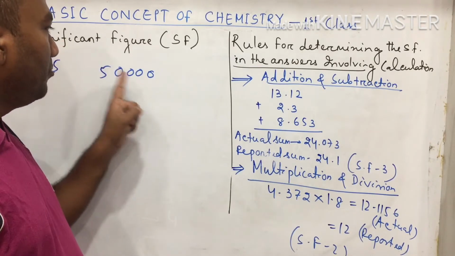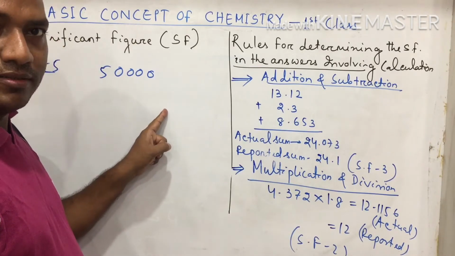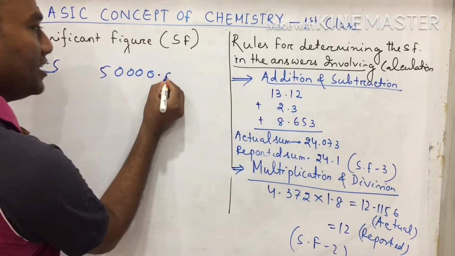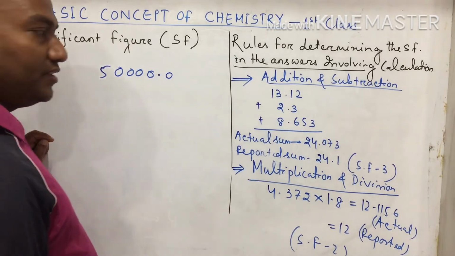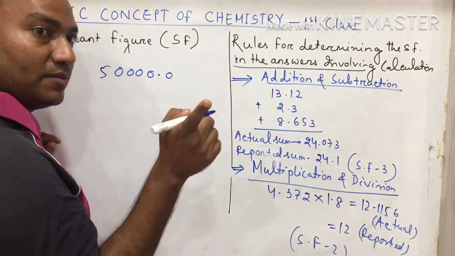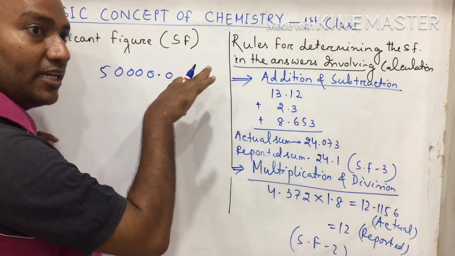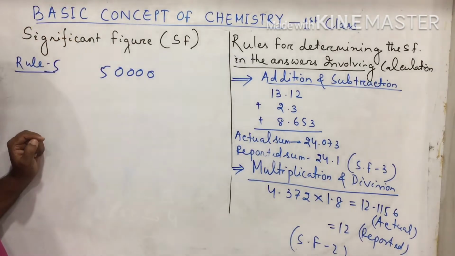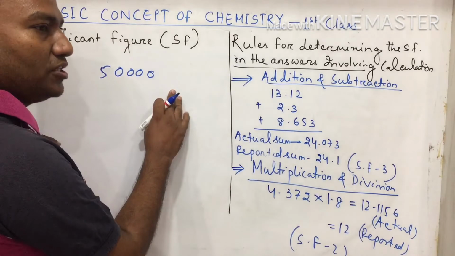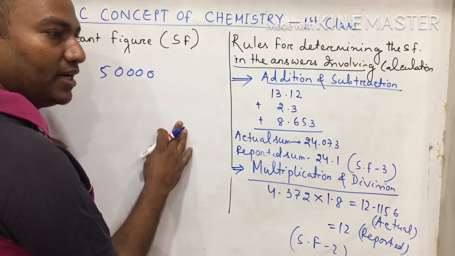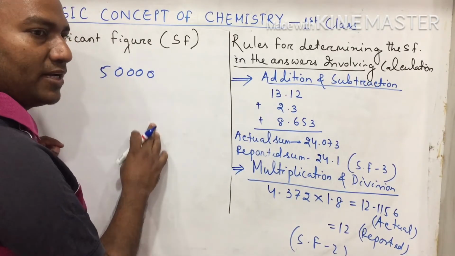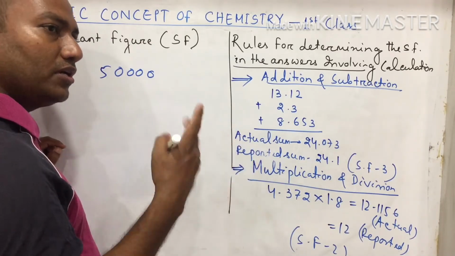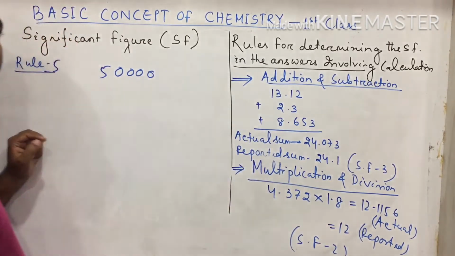But if you write point 0, then definitely this 0 is also significant, like the fourth rule. But if a number ends in 0 and no decimal is there, this 0 may or may not be significant. That means its significant figure may be 1, 2, 3, 4, depends on its representation.